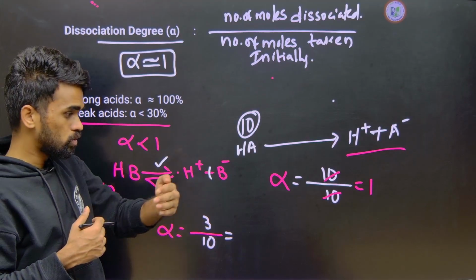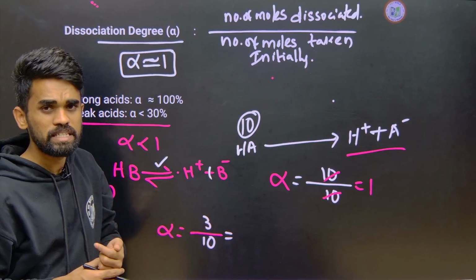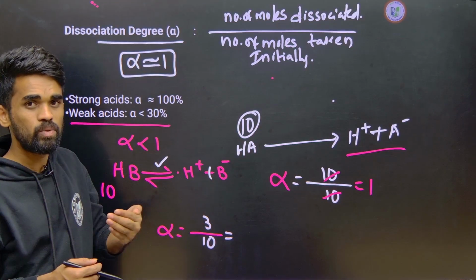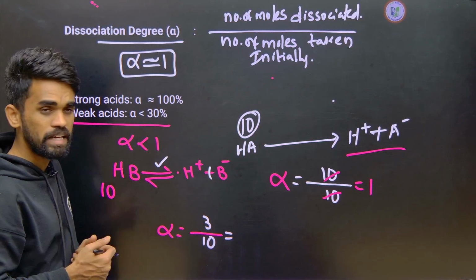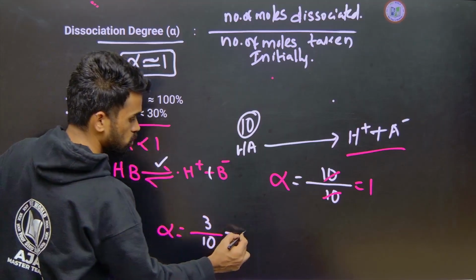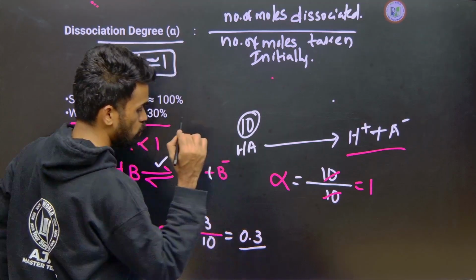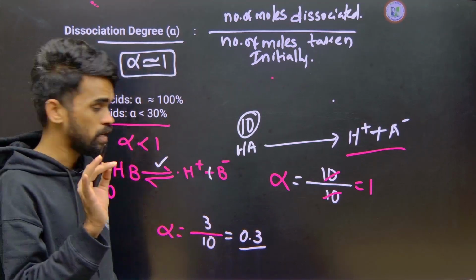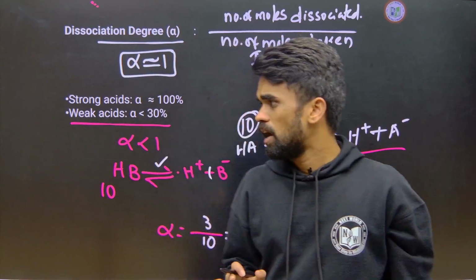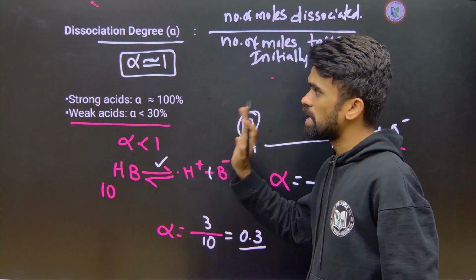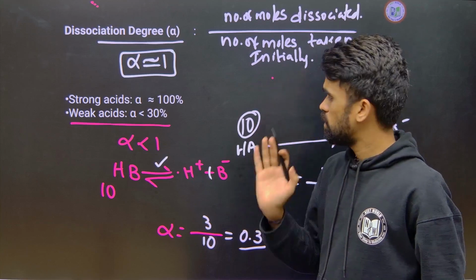Only up to 3 moles does it dissociate, after that the backward reaction takes place and an equilibrium exists. So the degree of dissociation here is just 0.3. I hope you got what the degree of dissociation is and how we can explain strong acids and weak acids based on it.